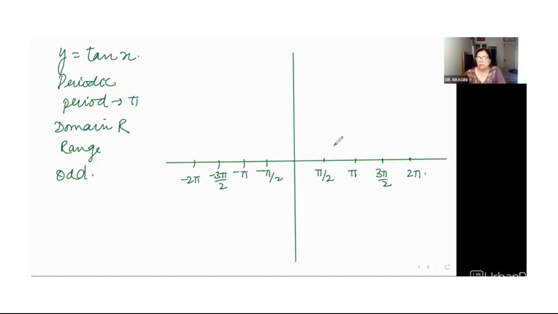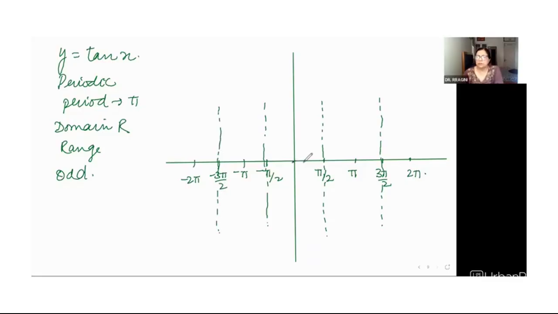Now tan 0 is 0. On the odd multiples of pi by 2, just draw these dotted lines.